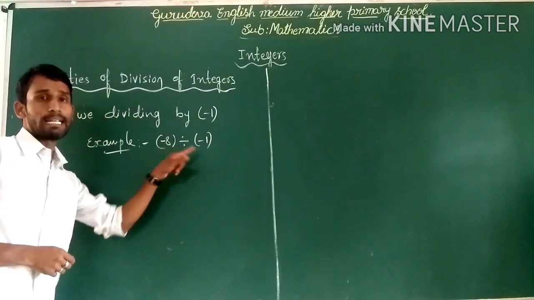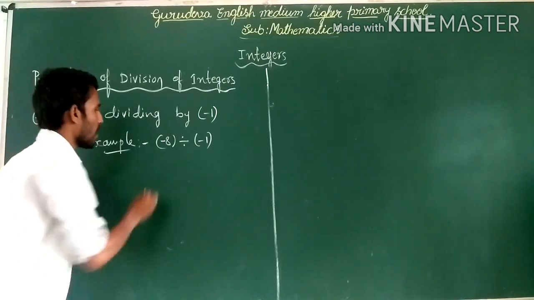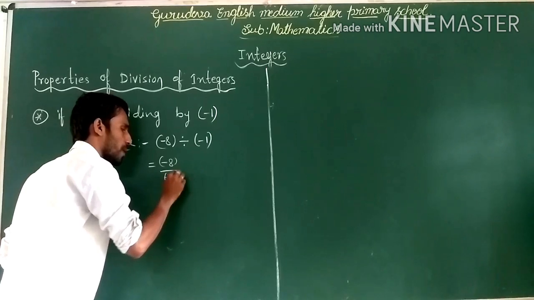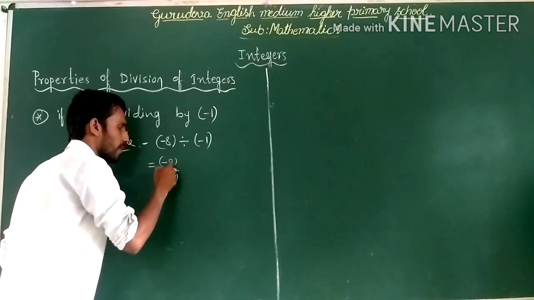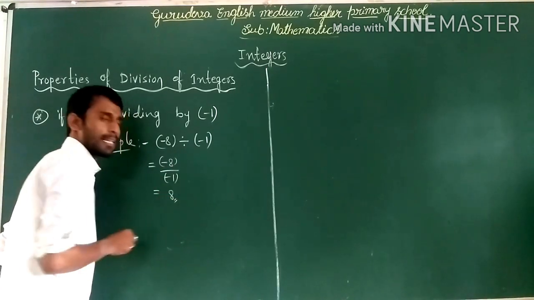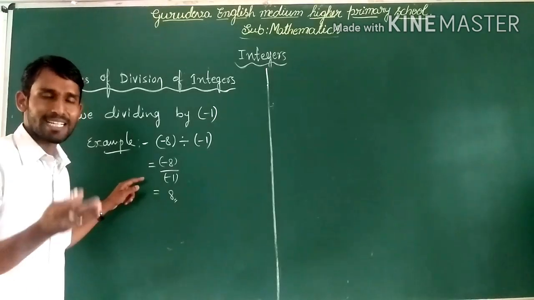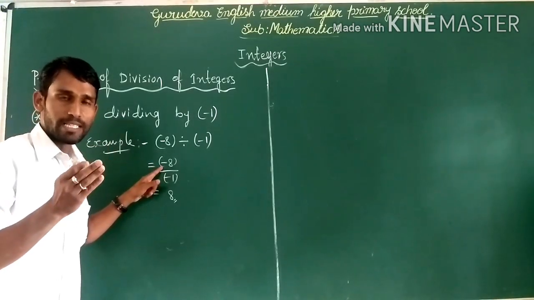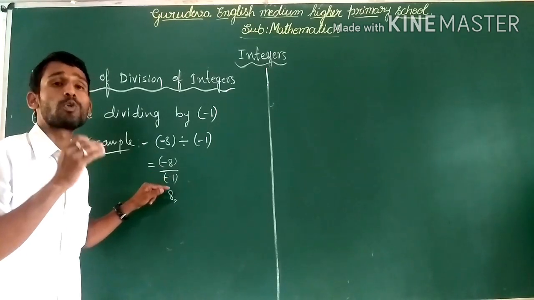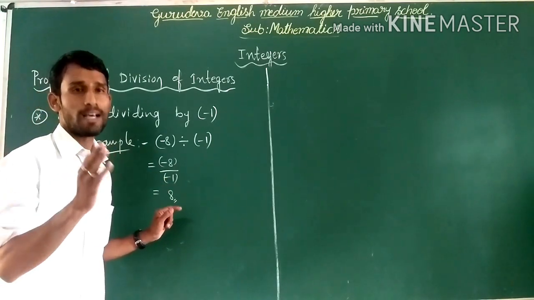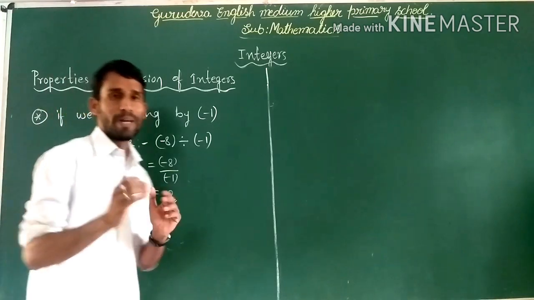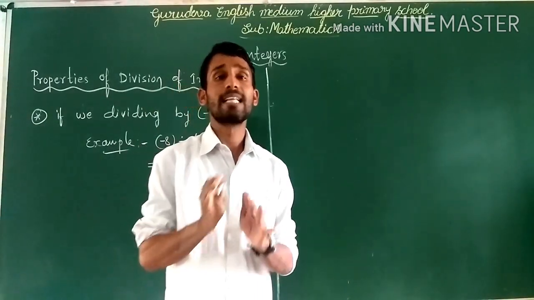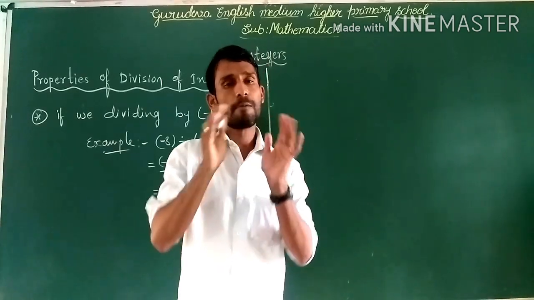I took both as negative integers. When we divide a negative integer by a negative integer, we get 8 as the answer. As we discussed in the previous point, we have to put the positive sign before the quotient. So when we divide any integer by minus 1, we are not getting the same answer.